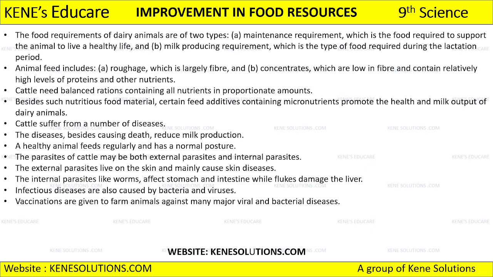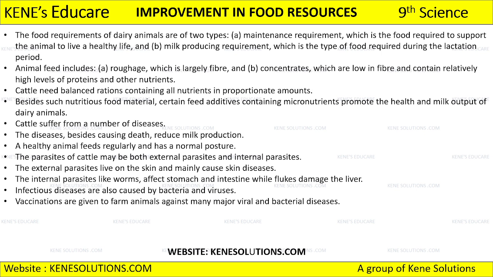So animal feed includes roughage, which is largely fiber, and concentrates, which are low in fiber and relatively high in proteins and other nutrients, because animals need proteins and other nutrients. So cattle need balanced ratios containing all nutrients in proportionate amounts.